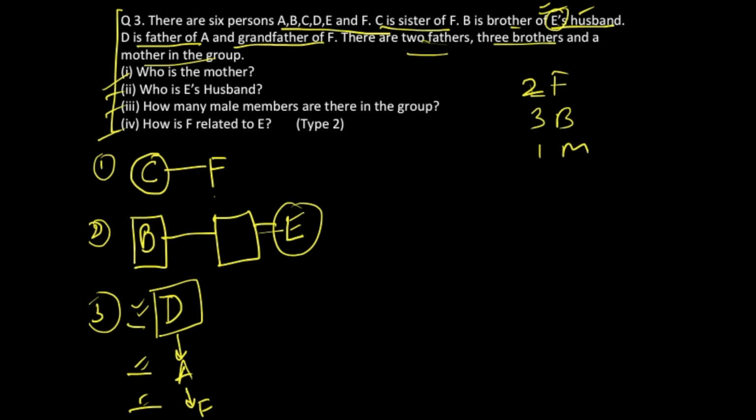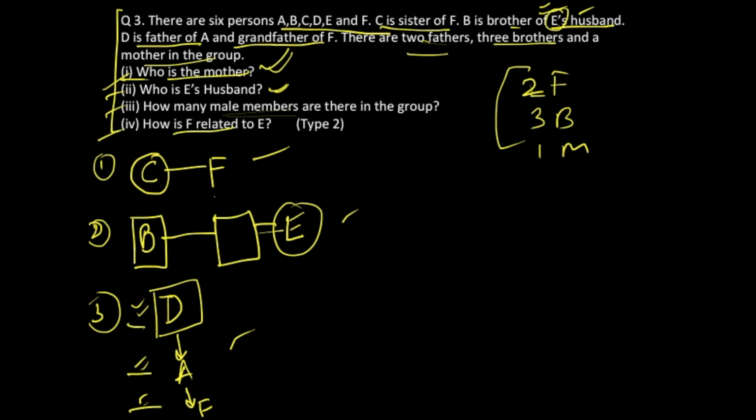Since question number 1 asks who is the mother, and we cannot clearly say, we'll have to make an assumption over here about how these 3 steps are going to fit in the scenario, so that we can arrive at the conclusion of who is the mother for sure, who is E's husband, how many male members there are, and also how F is related to E, right? So how will we find that information?